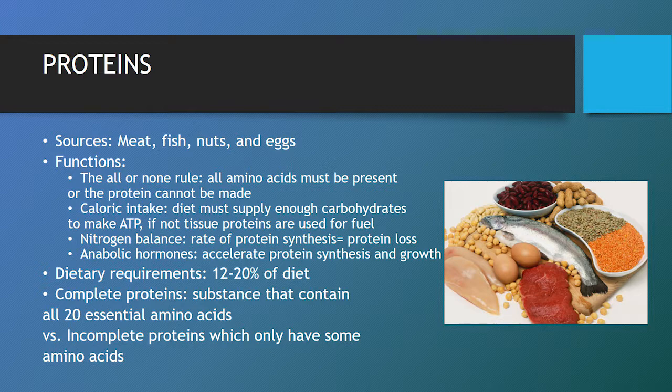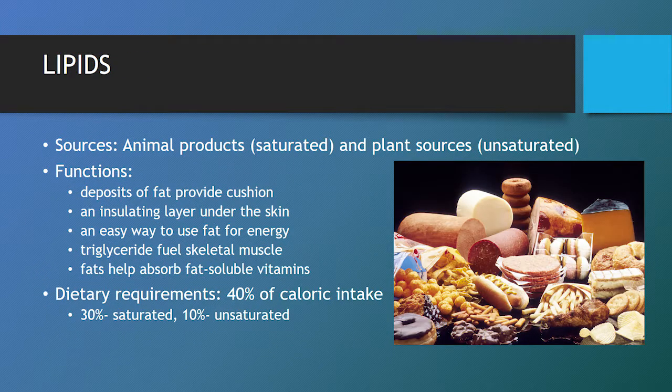Then there are the lipids. The sources can come from animal products, which are saturated, and plant sources, which are unsaturated. Functions of lipids include being an insulating layer under the skin and an easy way to use fat for energy.